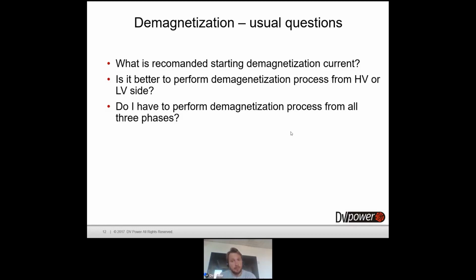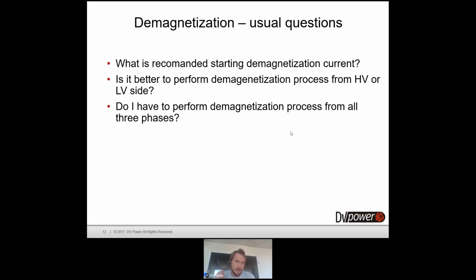This magnetomotive force will affect our magnetic dipoles to orientate in the direction we want, and we will perform the magnetization process. So in that case, it means that even if we have a lower current, we can perform the magnetization from high voltage side.